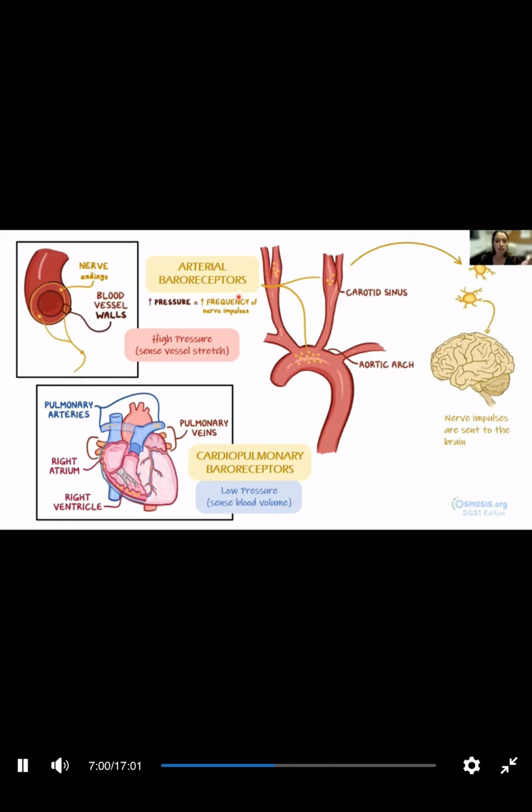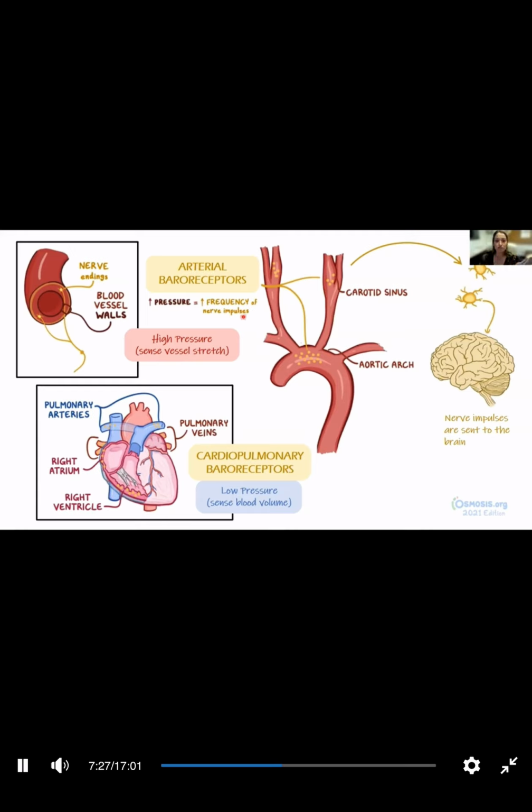So arterial, these are going to be in your arteries, so pulmonary arteries, carotid arteries, or the aorta. So they sense high pressure, right? These are high pressure areas. This is where blood is exiting the heart and going either to the lungs or to the rest of the body. So they sense the stretch in the vessel, which is related to the pressure, all right?